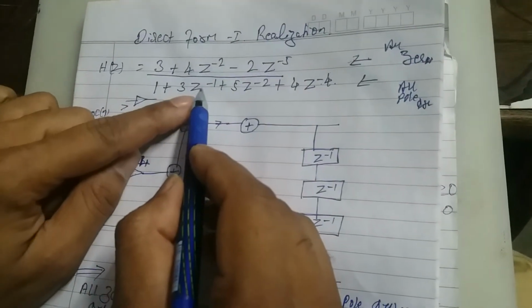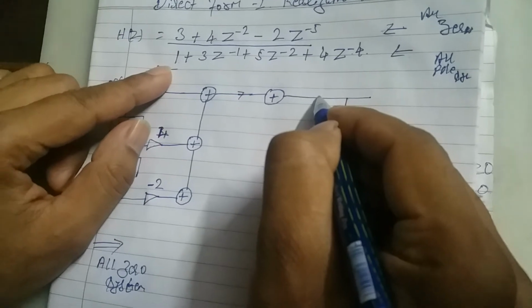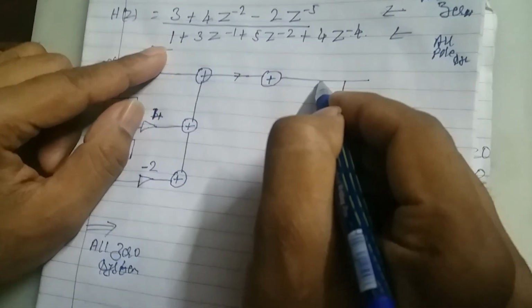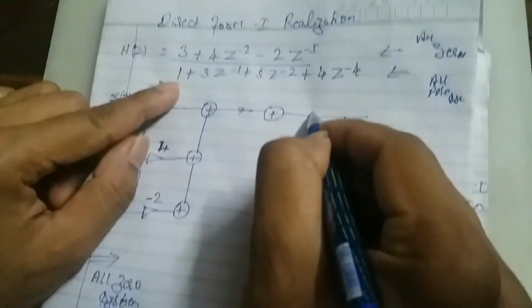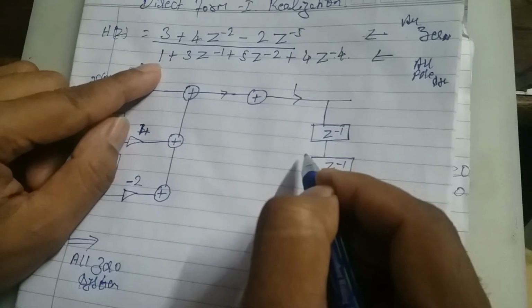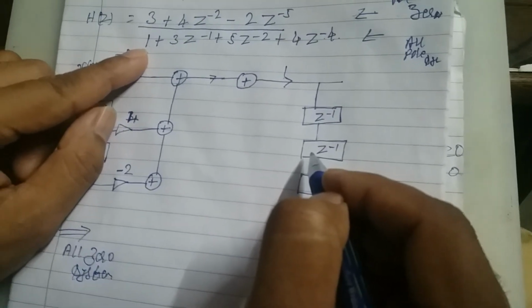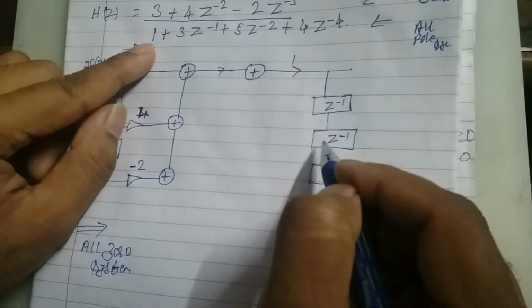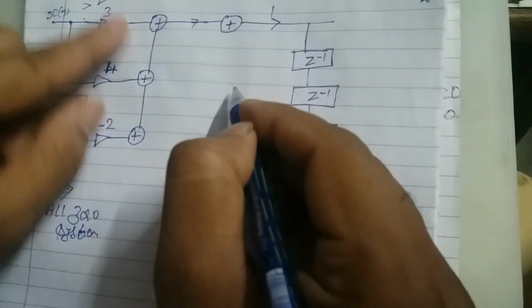For the first delay block, I have a 1 here, so you can show it in this direction. The 1 is here, coming over here. You can denote it as 1 over here, right? And then I have 3 delays here, and it should face in this direction.